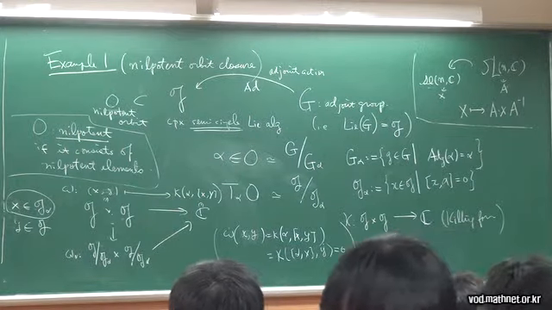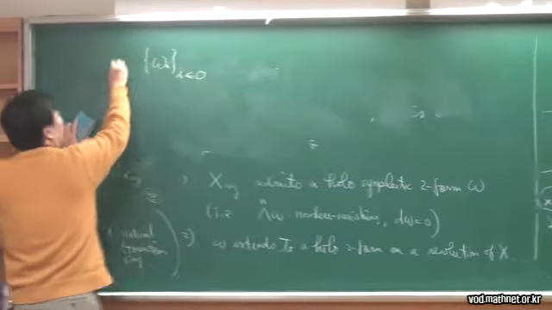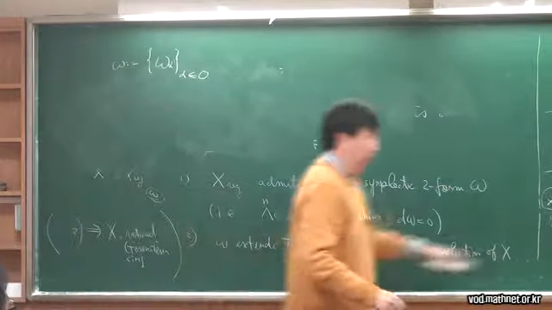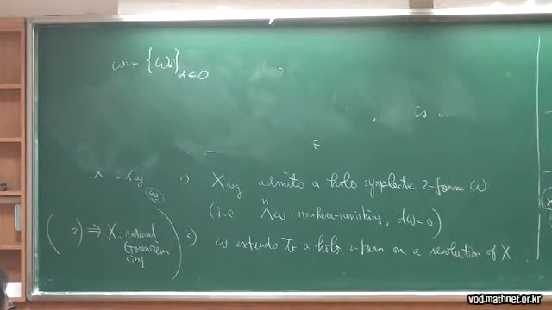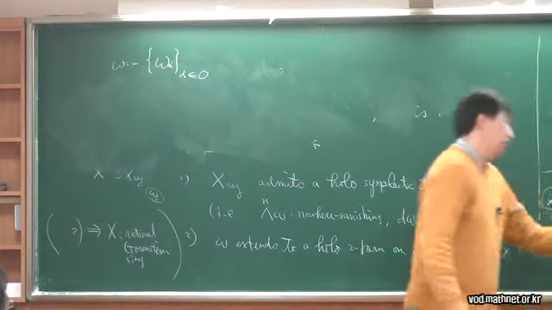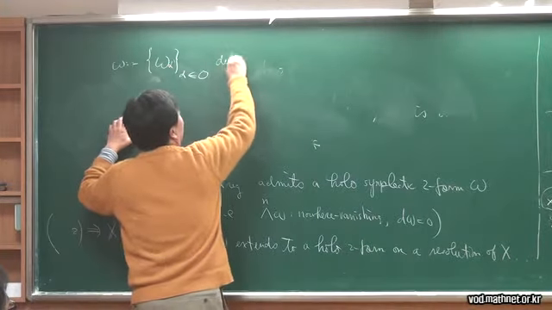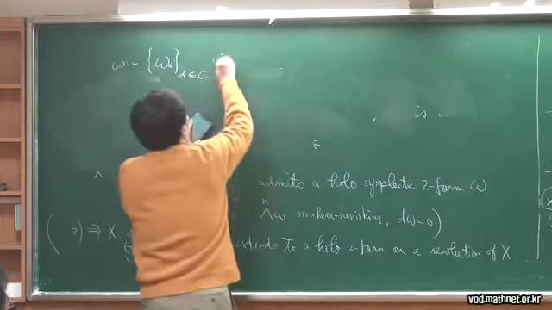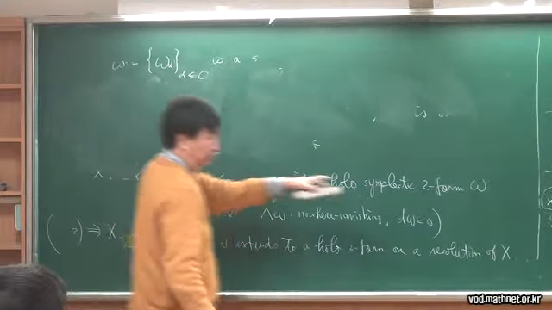These omega alpha patch together, and by definition this is a skew-symmetric form, and moreover it is non-degenerate, by this assumption. So this gives a non-degenerate 2-form.